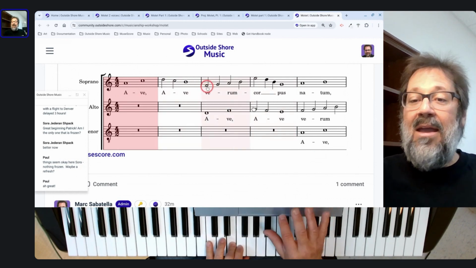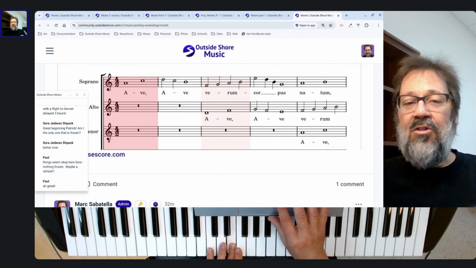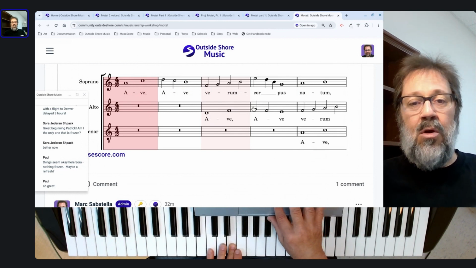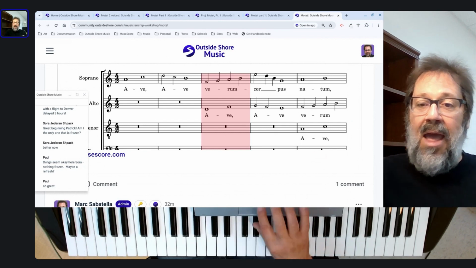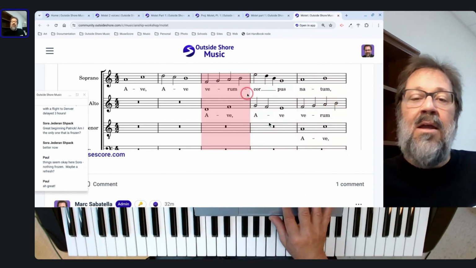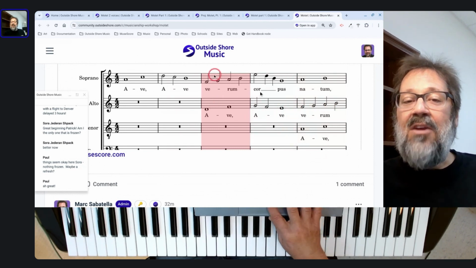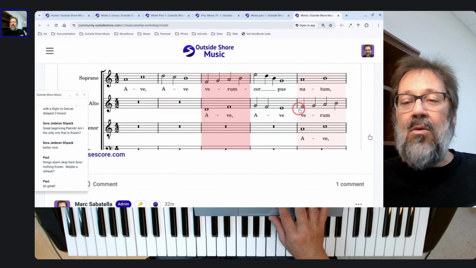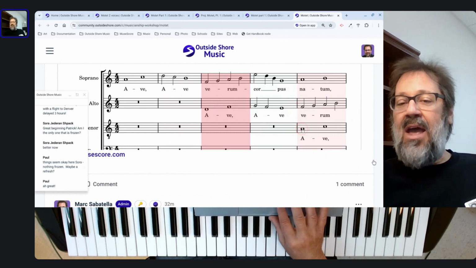And then he's got something real interesting here, and I don't know if this was deliberate or not, but it sure works from my perspective. He switches to imitation at the octave, or at the unison, actually, right? It started off as imitation at the fifth. It changed to imitation at the octave, or at the unison, when the next voice entered.